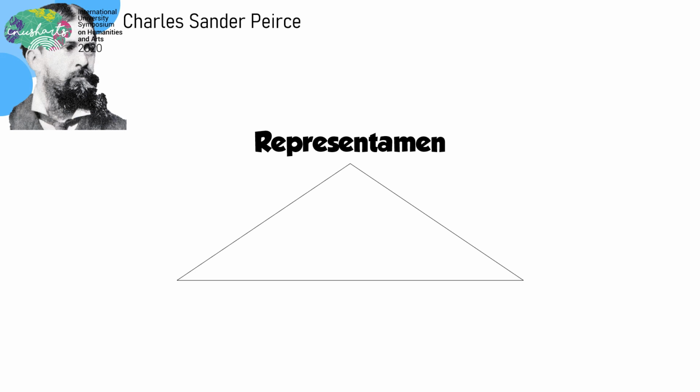There are 3 steps of understanding a sign according to Peirce. Therefore, there are 3 important terms: representamen, object, and interpretan. Representamen is a thing that represents the other thing, the object. Then, the object is what the representamen represents.